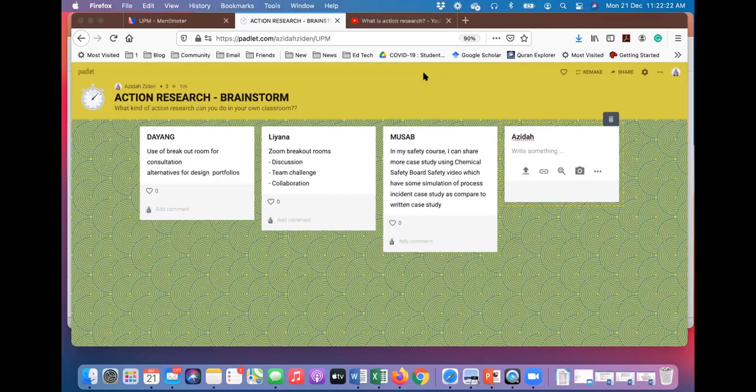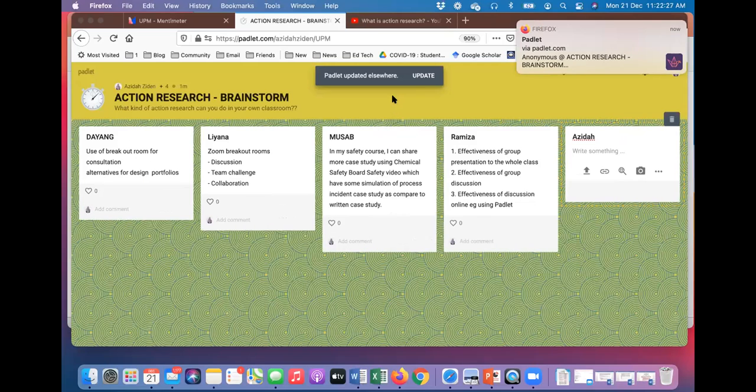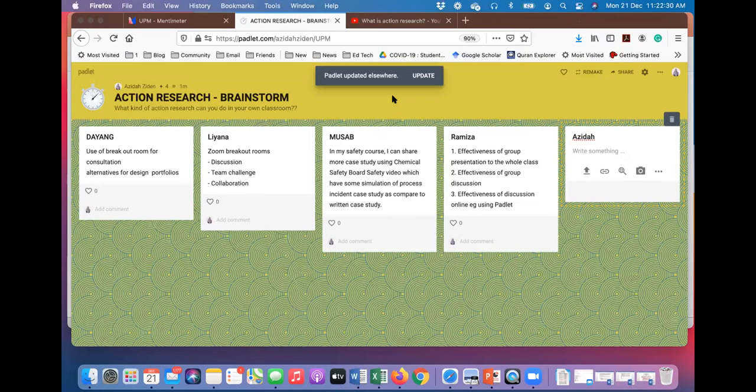Okay, Dr. Dayang with Dr. Liana mention about use of breakout rooms for consultation, alternative for design portfolio. Same also Dr. Liana uses Zoom breakout rooms.